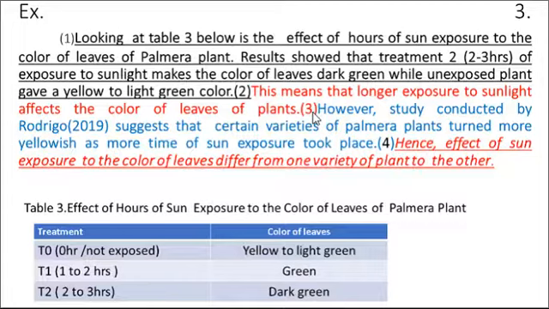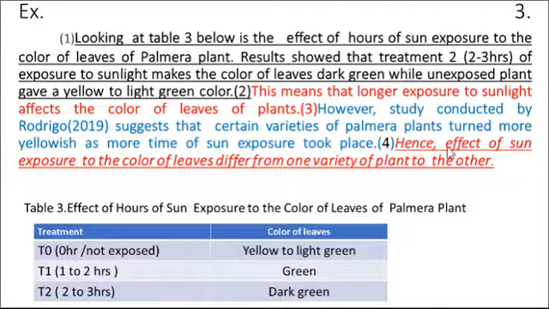Then for the third step, however, a study conducted by Rodrigo 2019 suggests that certain varieties of Palmeira plants turned more yellowish as more time of sun exposure took place. So ito namang number 3 ay cross-referencing, no? Ang nangyari ay kinokontra niya yung resulta ng experiment. In cross-referencing kasi class, pwede niyang suportahan or pwede niyang kontrahin or contradict the results of your present study.